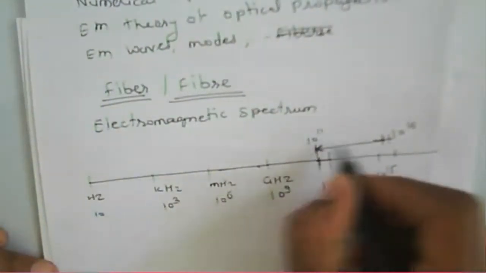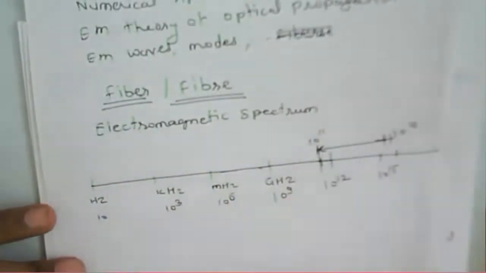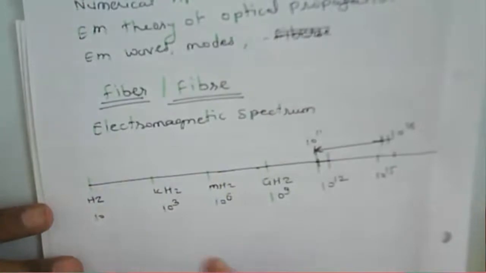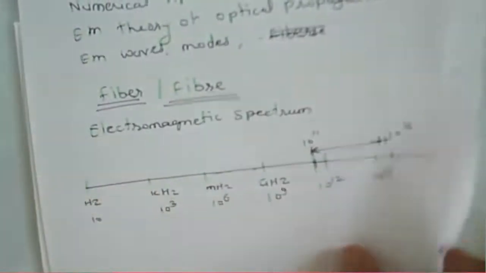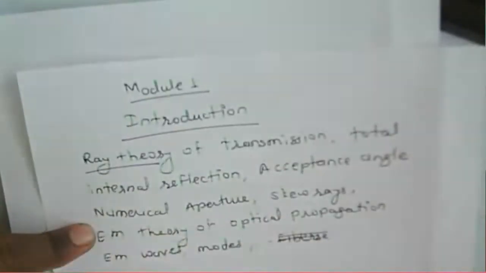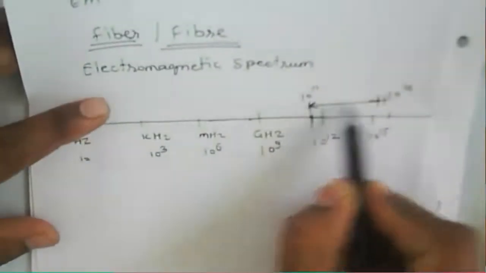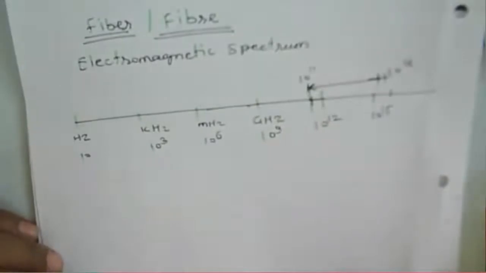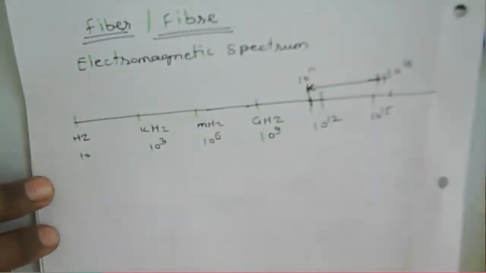So we learn everything in detail. So in an electromagnetic spectrum, that fiber will work, or those light rays, whichever we say about the ray theory of transmission. We say the ray theory of transmission, those light rays have a wavelength in the spectrum of 10 to the power 11 to 10 to the power 16.